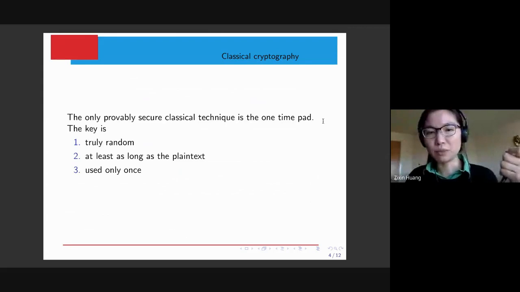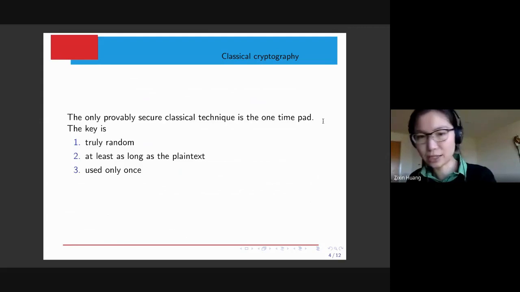It needs to be as long as the plain text, and you would basically use the key to encrypt the text that you want to share. And you must do this only once. So it is the one-time pad for a reason. Provided the text is not used more than once, this can be proven to be unconditionally secure, and there is no technique that can crack the code.